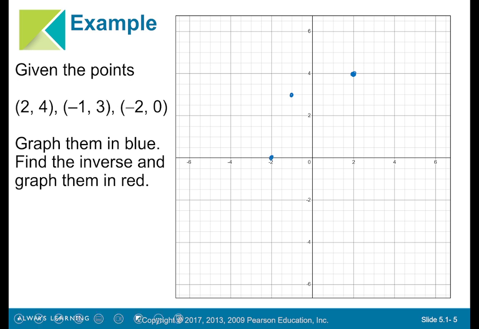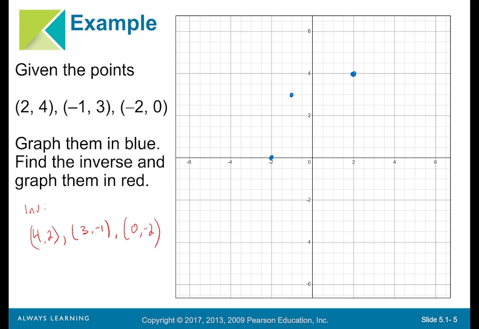Okay, there's the 3 points. Switching back to red. Now if I have 2, 4, the inverse is 4, 2. The inverse to negative 1, 3 is 3, negative 1. And the inverse to negative 2, 0 is 0, negative 2.